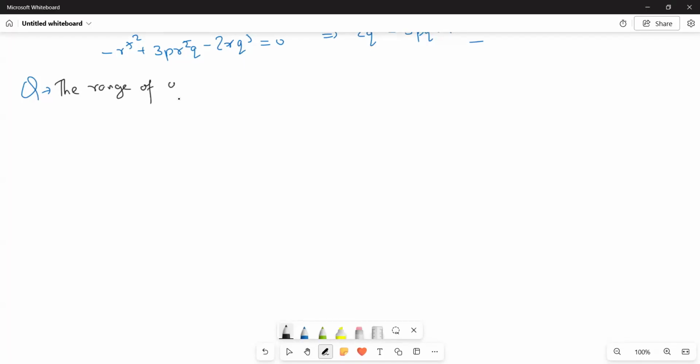The range of y is equal to x square plus 2x plus c by x square plus 4x plus 3c will be all real values if c is, find c.